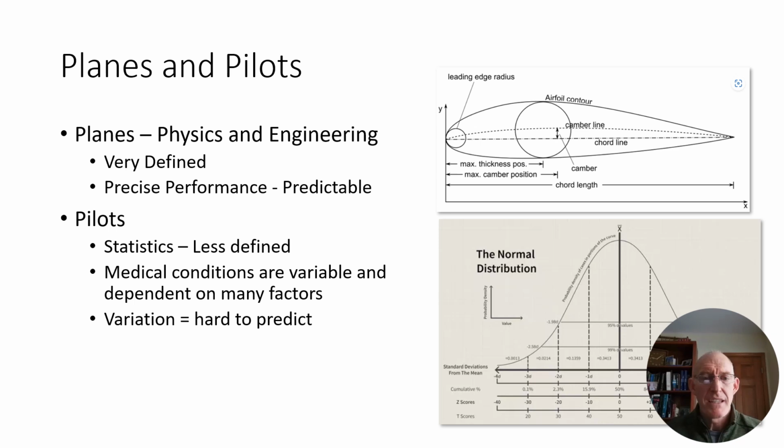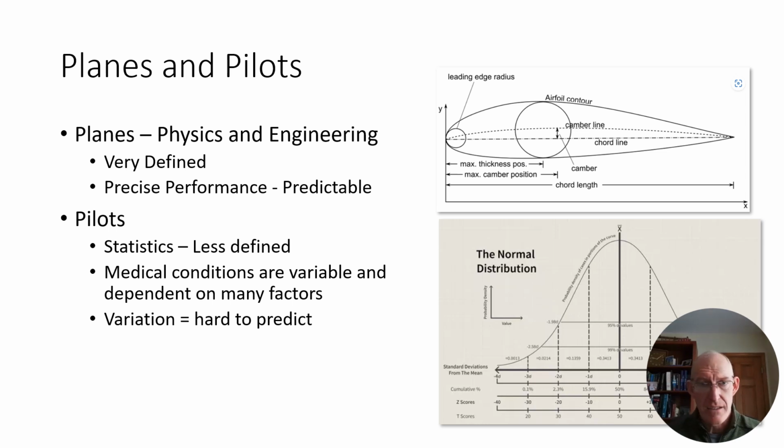Next, talking about planes and pilots and the safety of the airspace. So you have to realize that planes are defined by and function through physics and engineering. It's very precise. Because of that, they're predictable, mostly, and we can generally rely on precise performance.